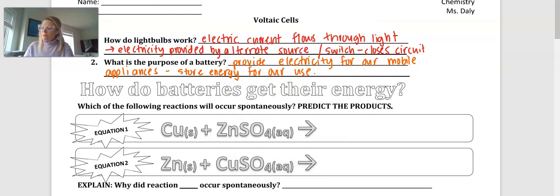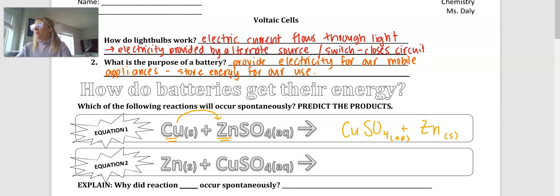In equation 1, we have copper metal looking to replace zinc metal. Again, this is copper trying to replace zinc because metal replaces metal. When we do this, we would get the products of CuSO4 plus Zn, and this would be solid and this would be aqueous.